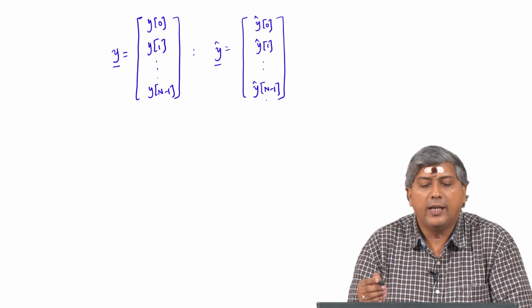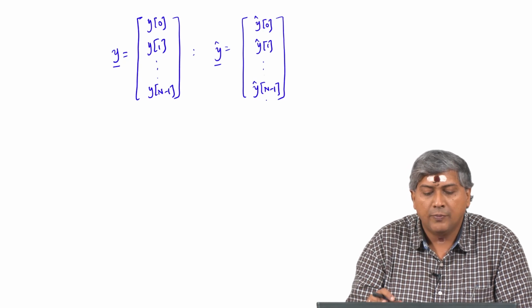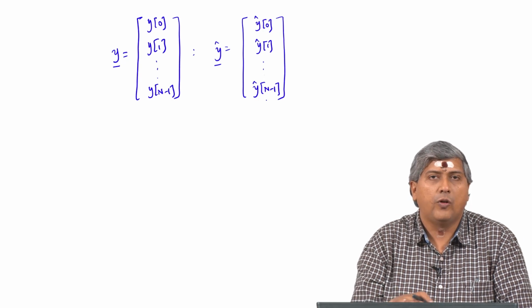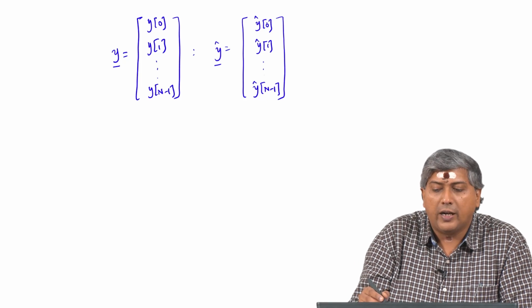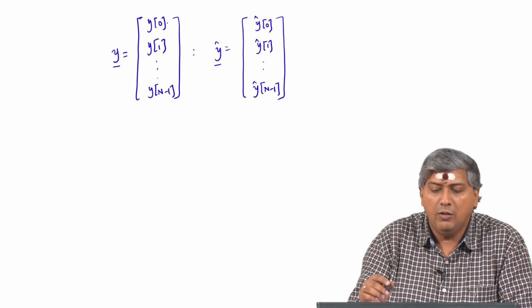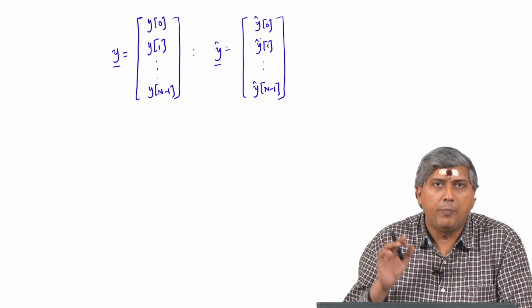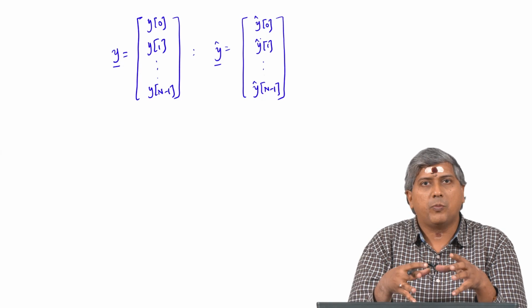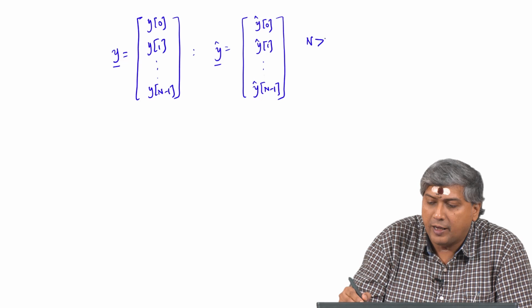For example, since I have p explanatory variables, I can say let the approximation be exact for p observations. So, I can demand that y hat of 0 be equal to y 0, y hat of 1 be equal to y 1 and so on up to y p minus 1. So, I can force exact explanation for p observations, but typically n is greater than p.